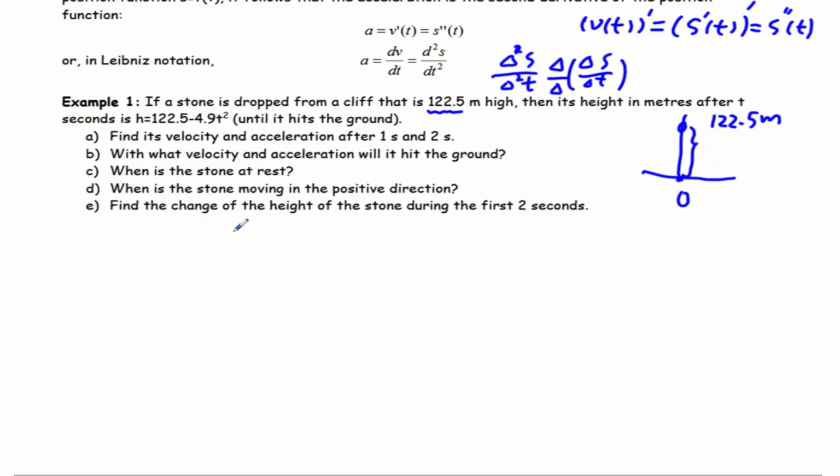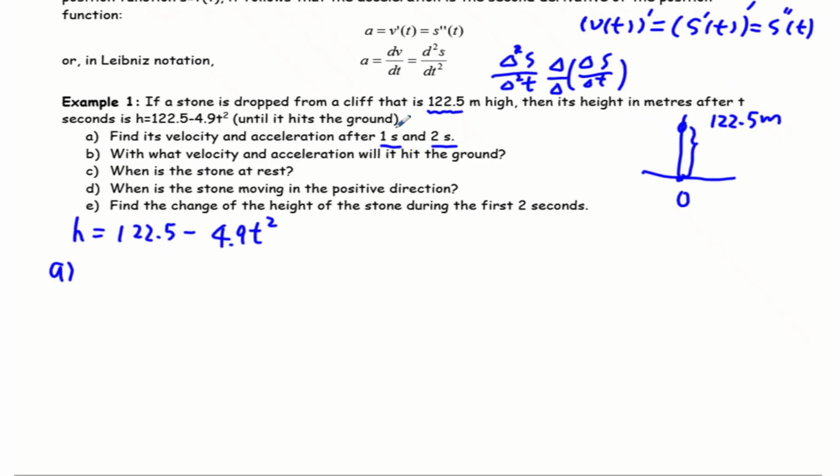So the height we could write as 122.5 minus 4.9 t squared. Now we see what the question is asking us to find. Part A: find the velocity and acceleration after 1 second and 2 seconds.